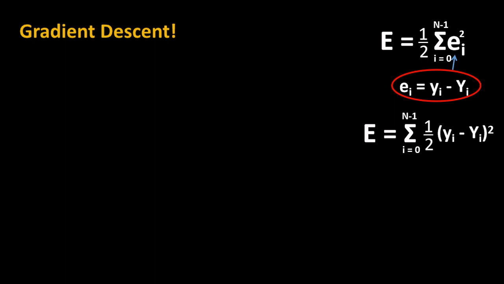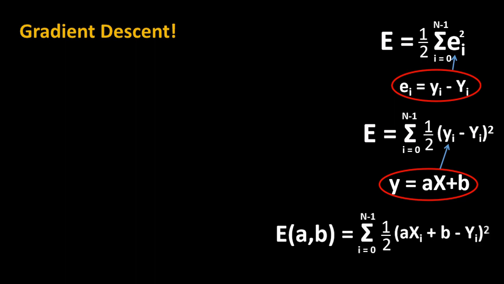Now we have our predicted output small y represented as a linear function of x, and when we substitute this y into the cost function, we get E equals half summation of axi plus b minus yi whole square, where our cost function becomes a function of the parameters a and b.